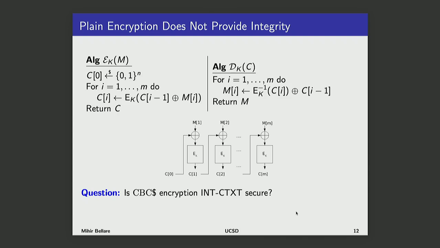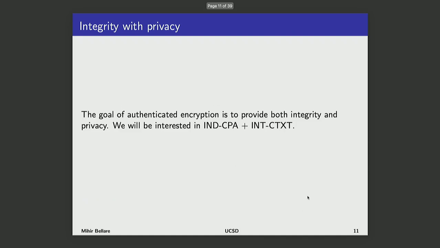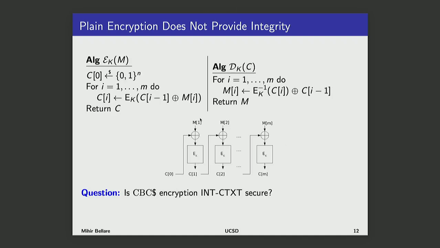So first off, we know that we need a scheme that has privacy, because if there are two requirements and we need both, it's better to start at least with something which has this and then consider whether this is true. And we had many examples of schemes that do provide privacy, and one of them was cipher block chaining. So remember, this is what it looks like.